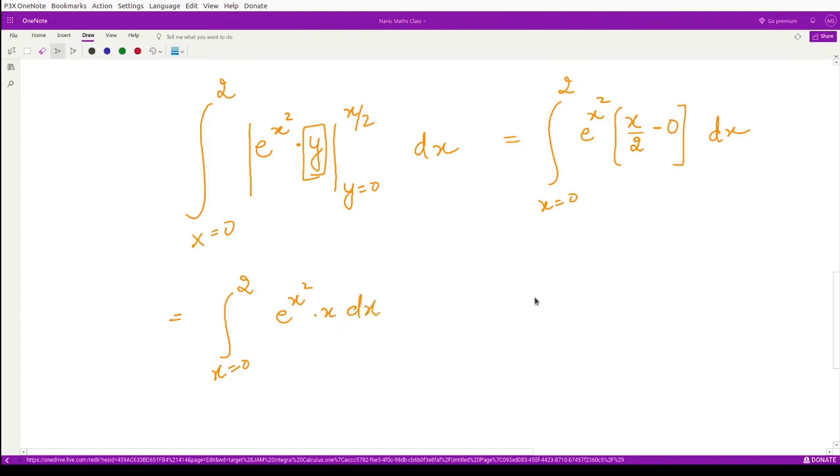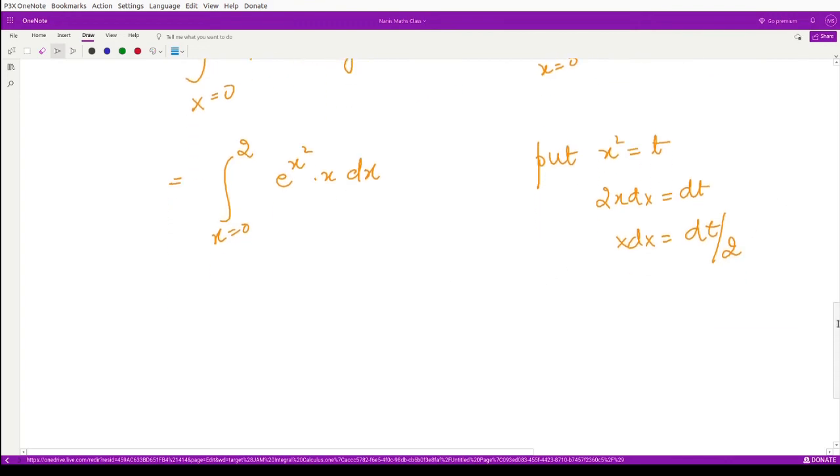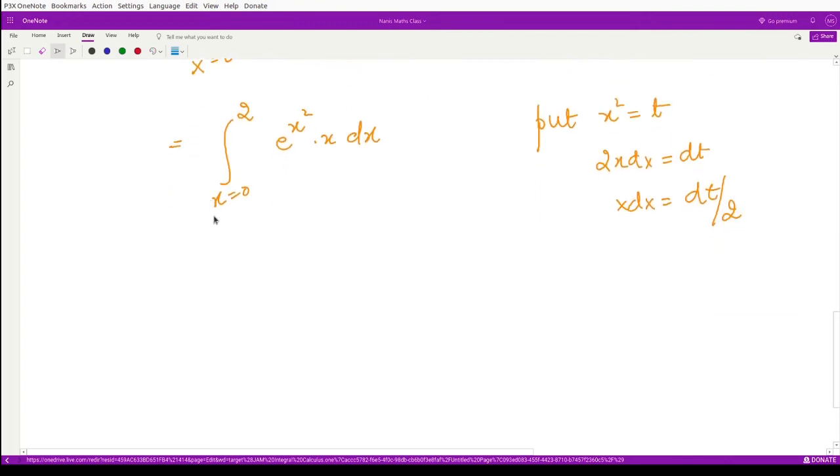Now in order to solve this integration, we'll substitute x square as equal to t. Therefore 2x dx would become equal to dt, or x dx would become equal to dt by 2. So we also require to calculate the change in limits, because here we have converted our variable x to the variable t.